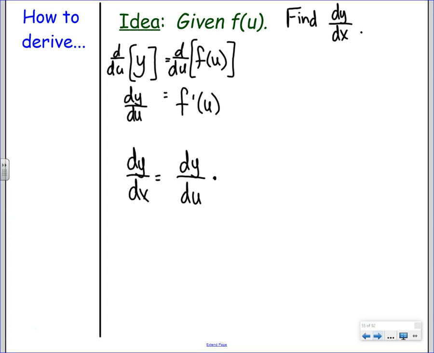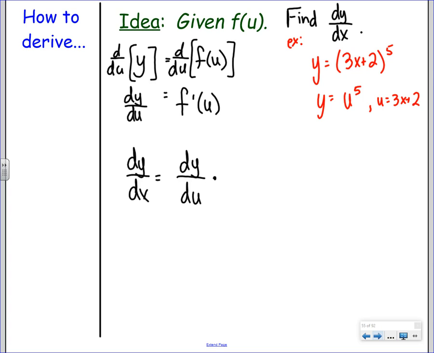Let me go ahead and use an example. What was the one on the page before? We had the function y equals, was it 3x plus 2 to the 5th? Okay. This is an example. If I was to say, hey, let's think about this inner function as y equals u to the 5th, where u equals 3x plus 2.